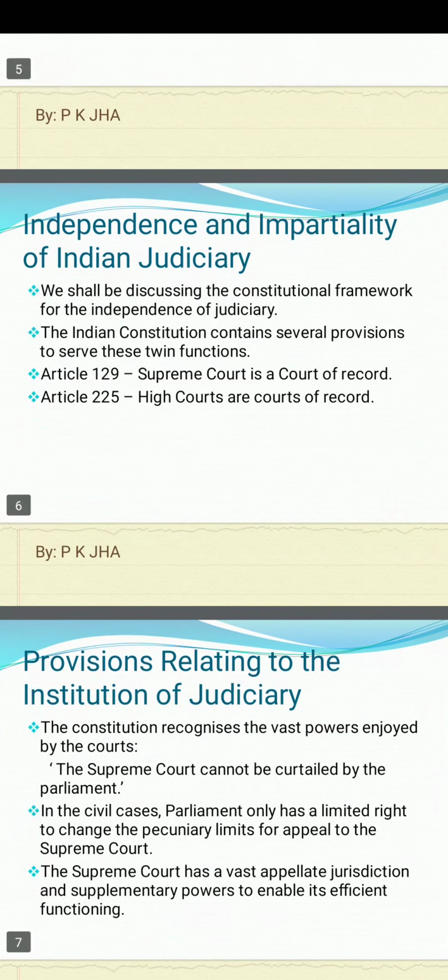Okay, so the Supreme Court of India cannot be curtailed by the Parliament.